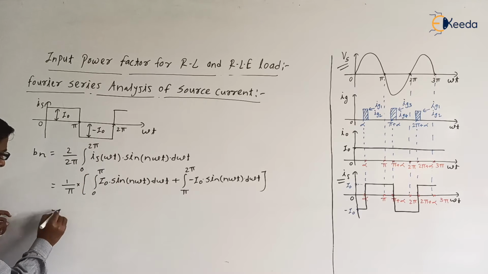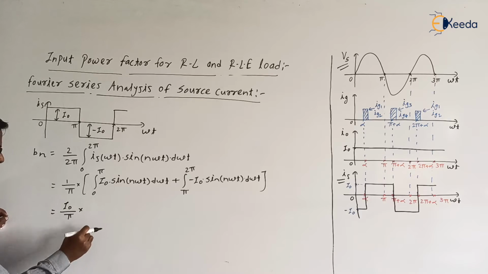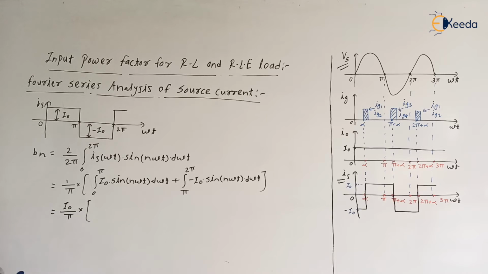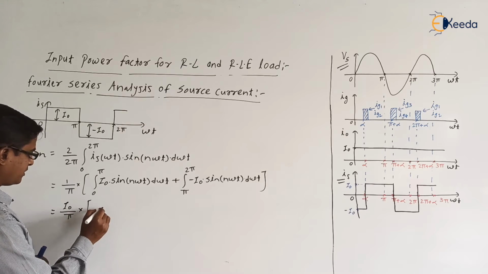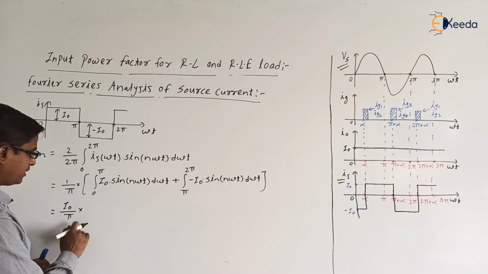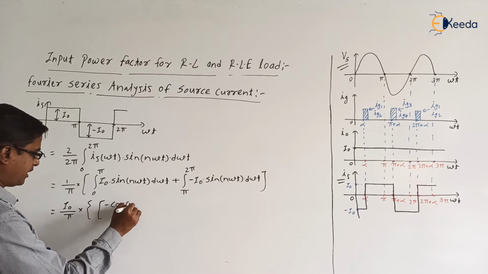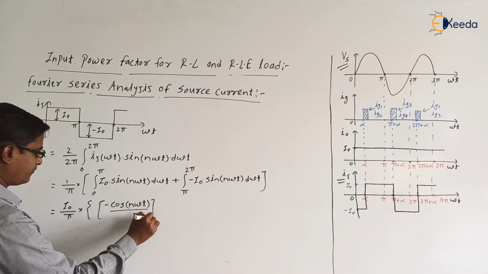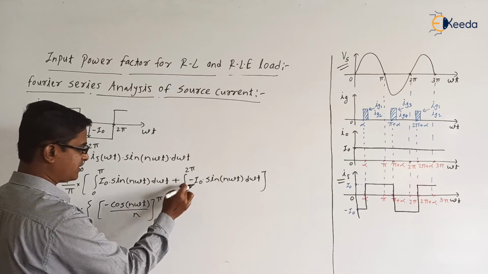So we can take I0 outside. It is I0 by pi into integration of sine of n omega t. The integration of sine of n omega t is minus cos of n omega t divided by n. So it is minus cos of n omega t divided by n, limit 0 to pi, minus, I am writing this minus outside.